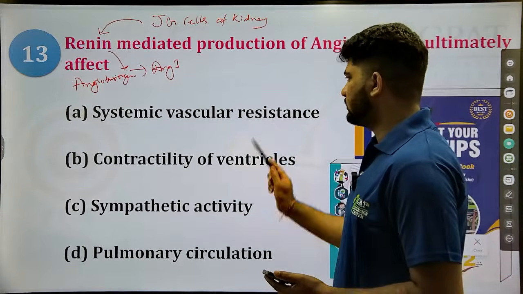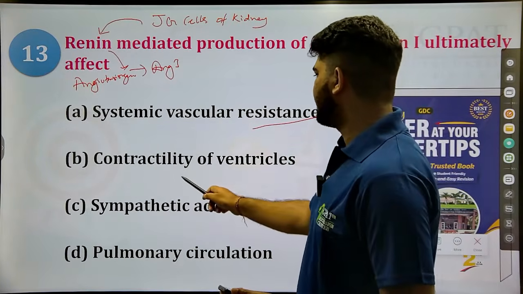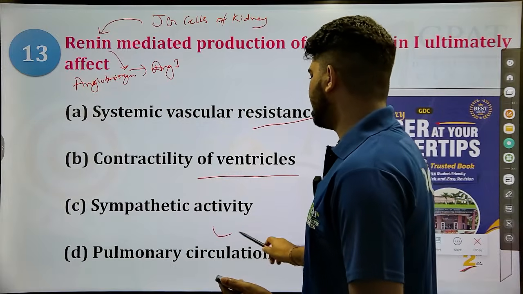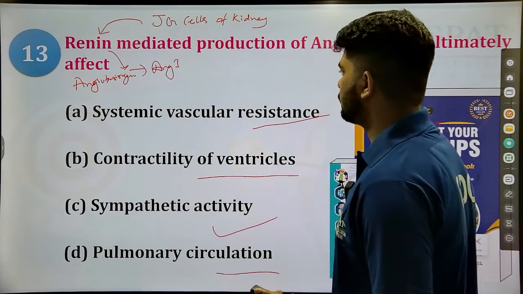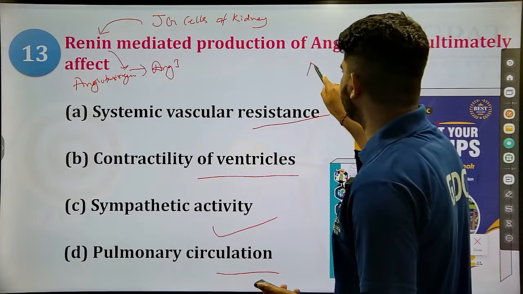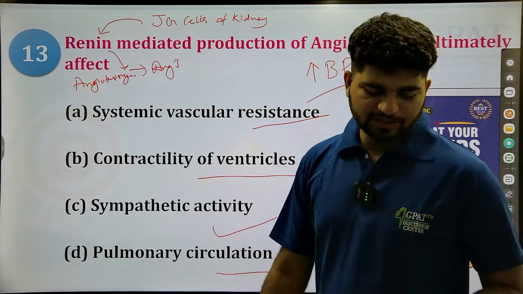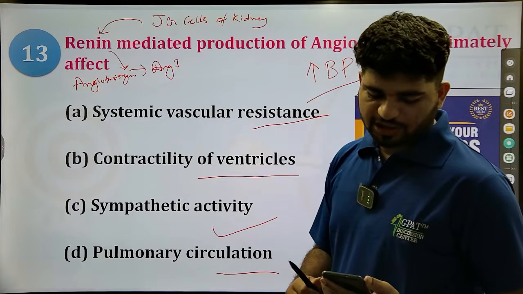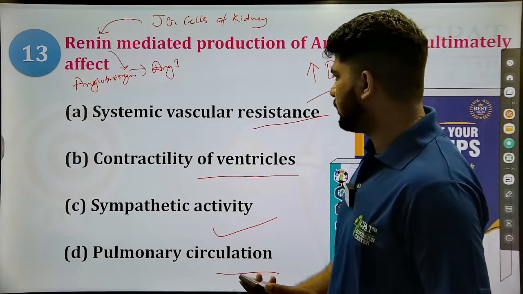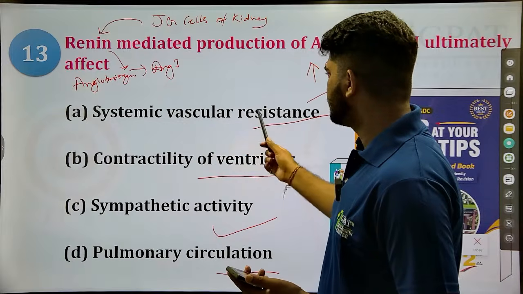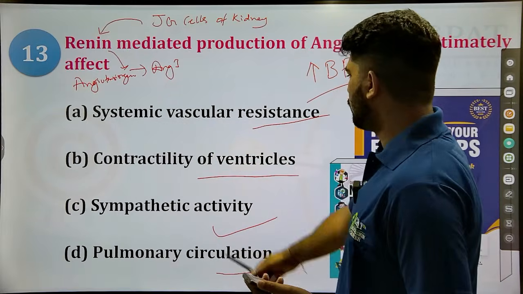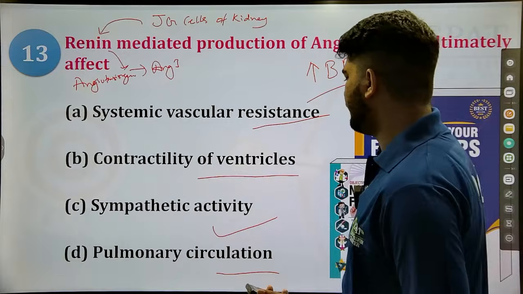Now, systemic vascular resistance, contractility of ventricles, sympathetic activity, or pulmonary secretion. Obviously, this is going to increase the blood pressure. Once vasoconstriction takes place, sympathetic activity is also going to increase.